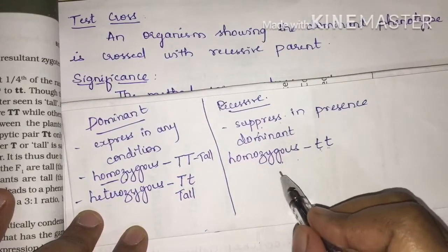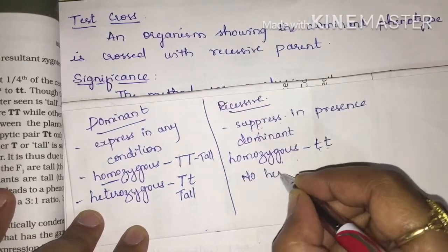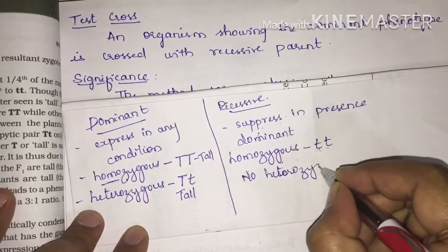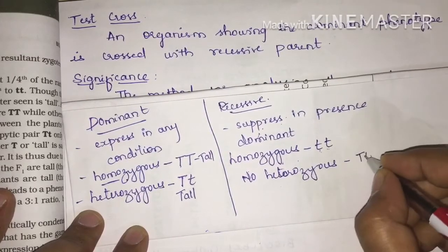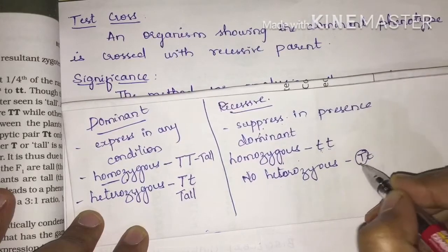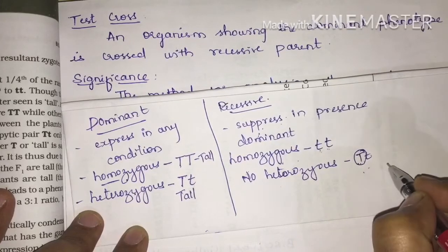Whereas in recessive there is no heterozygous condition. There is nothing like capital T small t. Why? Because if capital T is present, then definitely it will express, because it is dominant. It will express as tall, not as dwarf.